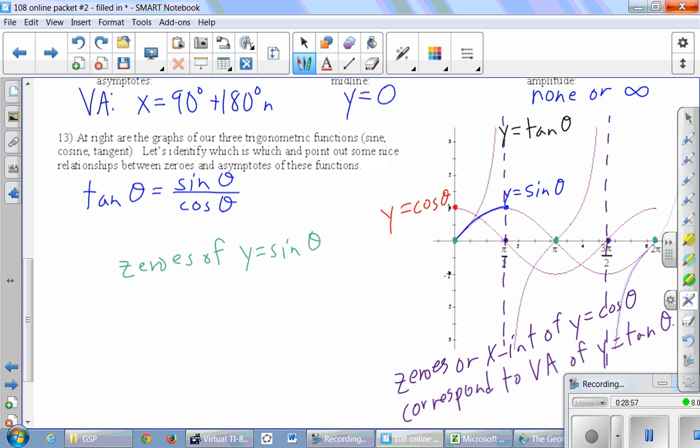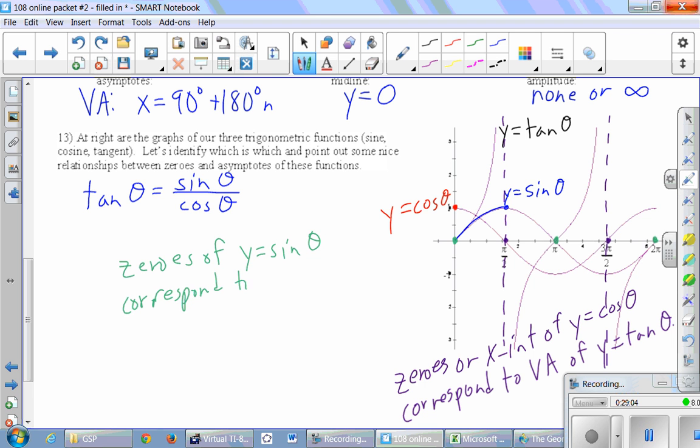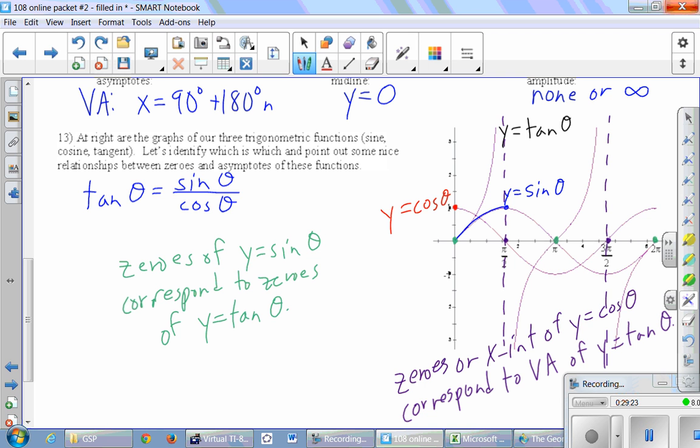And so zeros of y equals sine theta correspond to zeros of y equals tan theta. Zeros and x-intercepts are interchangeable for me. Anytime I'm saying 0, I'm talking about the x-intercept. Okay, and hopefully that makes sense, because again, if I give you a fraction and I say, when is a fraction 0, does it have to do with the top or the bottom?